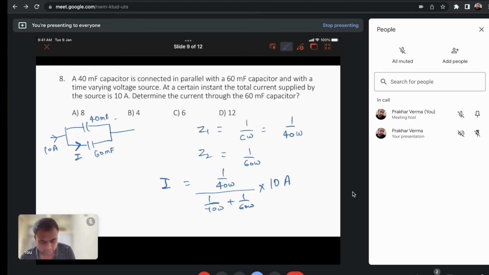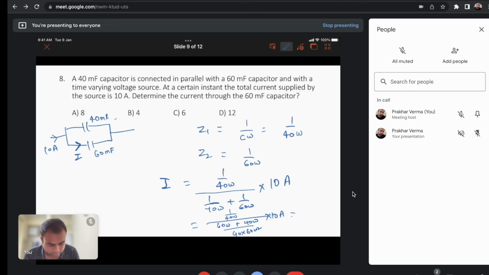Okay, so just taking the LCM downwards, this will be 60 omega plus 40 omega multiplied by 40 into 60 omega square, and in the numerator we have 1 by 40 omega whole multiplied by 10 amperes.